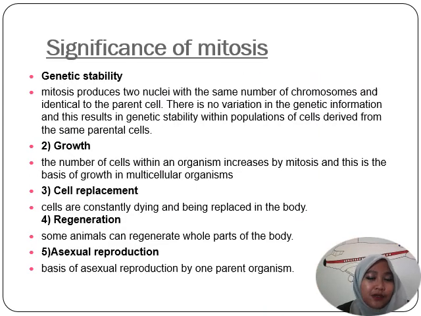So we have the significance of mitosis. When we're talking about mitosis, it produces identical cells. So what is the importance? What is the significance of mitosis? It provides genetic stability to our cells or tissues. Normally, humans have 46 chromosomes.